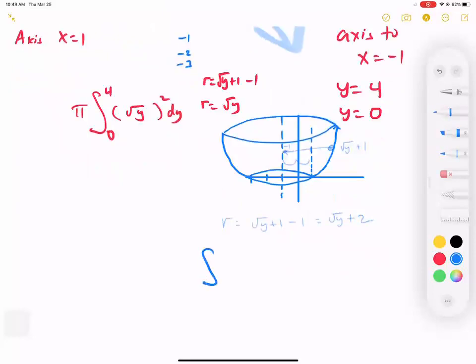So the integral from 0 to 4, like we said before, of pi times r squared, the square root of y plus 2, dy. Nothing's much changed. The concept is still the same. Okay, let's use the same idea now, and let's make this into a washer.